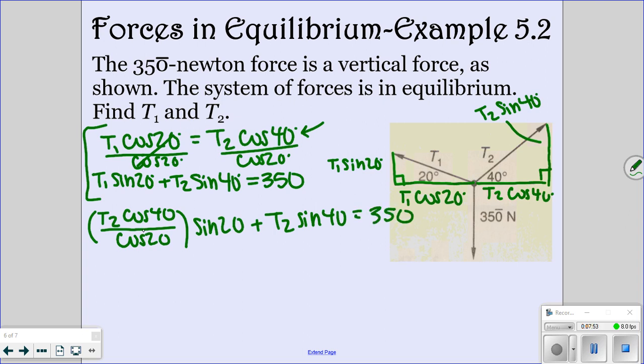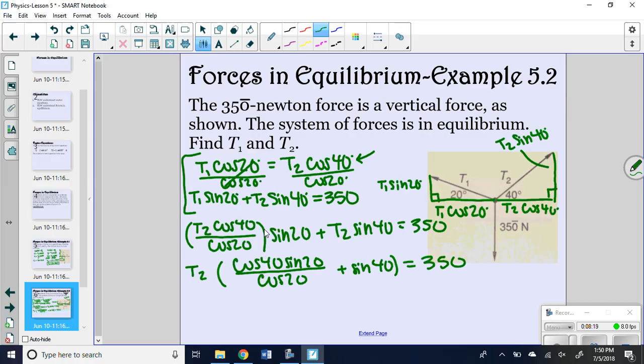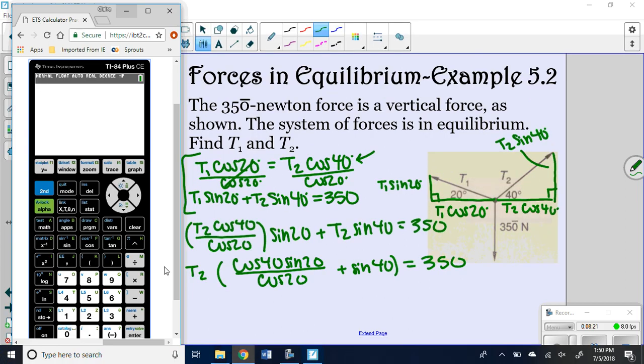So from here, we need to factor out the T2. And so we're going to have cosine of 40 times sine of 20 all over cosine of 20 plus sine of 40, and that's going to equal 350. And so we need to figure out what this number on the left side is. So I'm going to use my calculator on the computer to show you what to do.